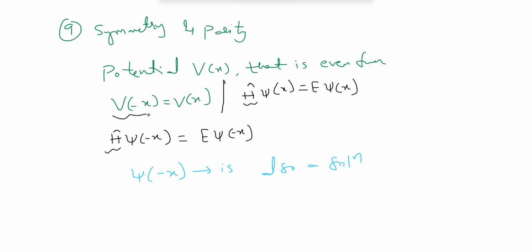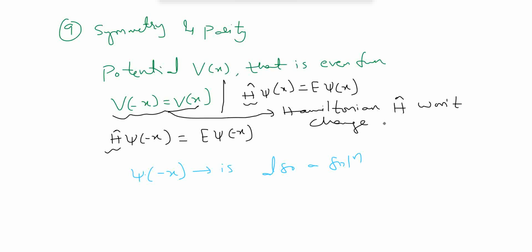So when the potential is an even function, then the Hamiltonian H cap won't change for parity transformation. So parity transformation is nothing but plus x and minus x. So here we have plus x and here minus x. Under this parity transformation, the Hamiltonian H cap doesn't change. That's why this equation becomes valid.